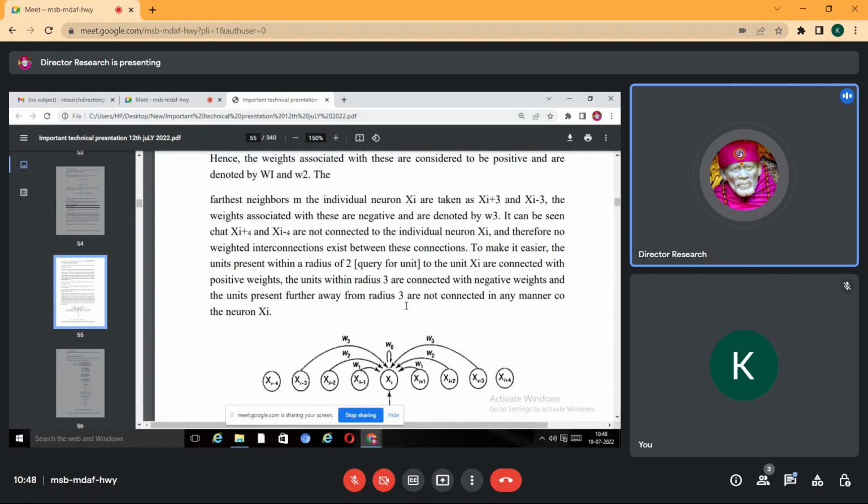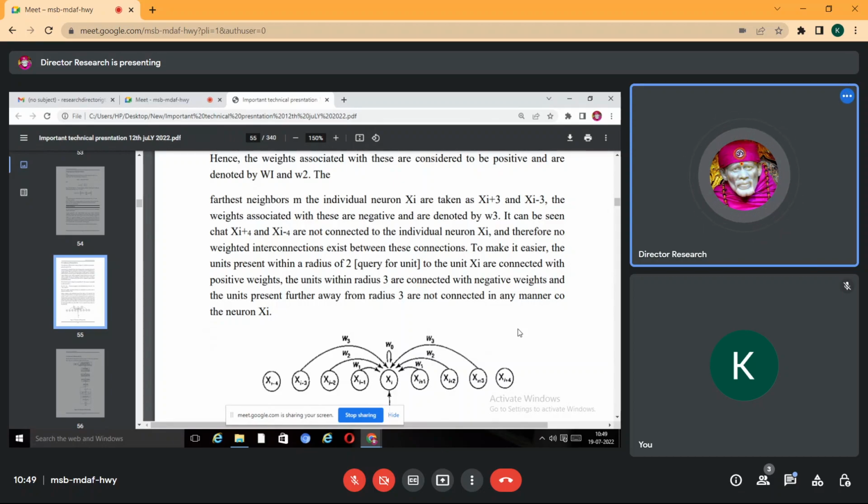The farthest neighbors of the individual neuron xi are taken as x(i+3), x(i-3). The weights associated with these are negative and are denoted by W3.